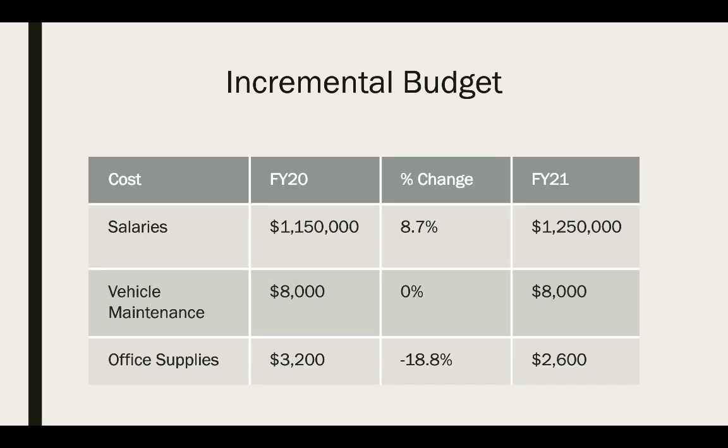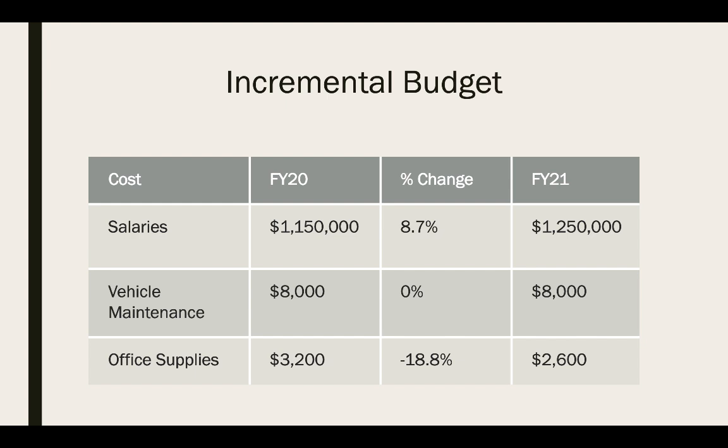If we go back to our line item budget with its incremental budget, I've just switched around the columns here. So let's say fiscal year 20, I've got these expenditures, I've got these costs, and I'm predicting a change for next year. So in my salaries, I'm predicting an 8.7% change.